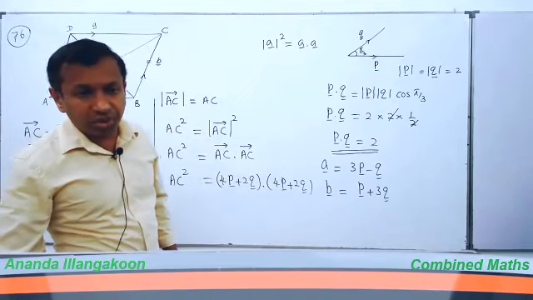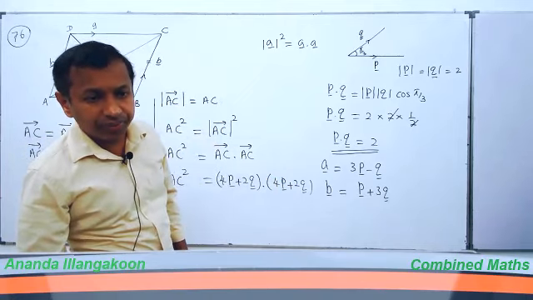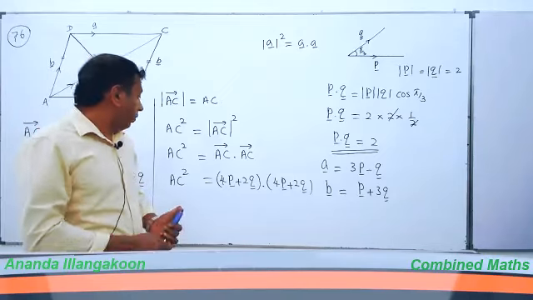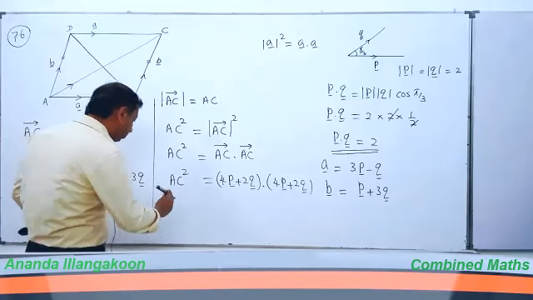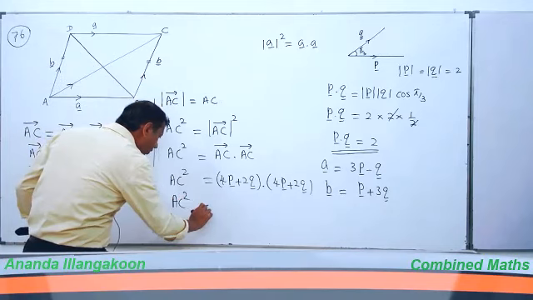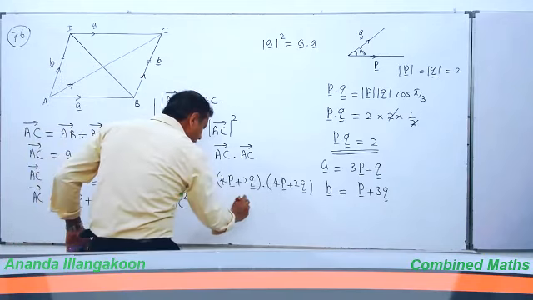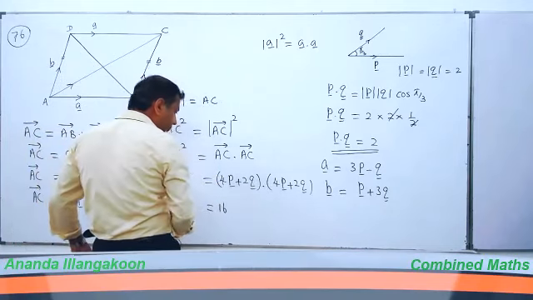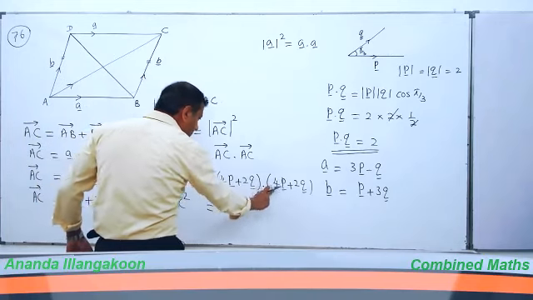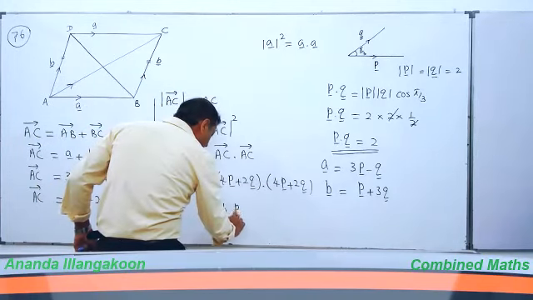Now here, what do you get? AC squared: 4 and 4 multiplied first, 16 P dot P. What is P dot P? Mod P squared.